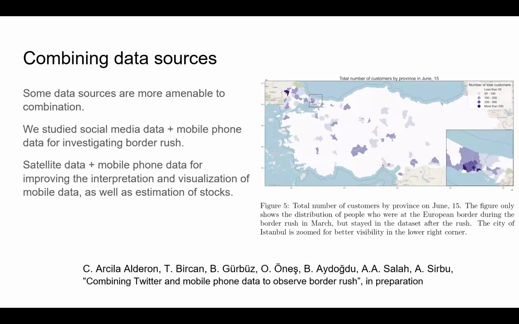So we looked at, for example, sometimes in the HumMingBird project, there were events that prompted us to take action. So we did some analysis that were not planned before. When in March 2020, Erdogan opened the borders to Europe, for example, after attacks in Idlib in Syria, we said, okay, we can actually use the mobile phone data and the Twitter data to see who is going to the border, who is coming back, who is disappearing from the data, and what is the demographics, right?